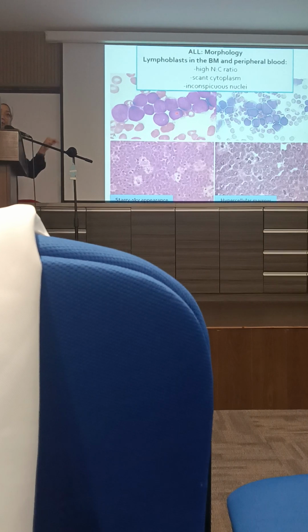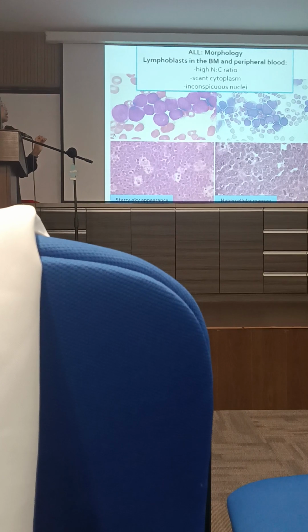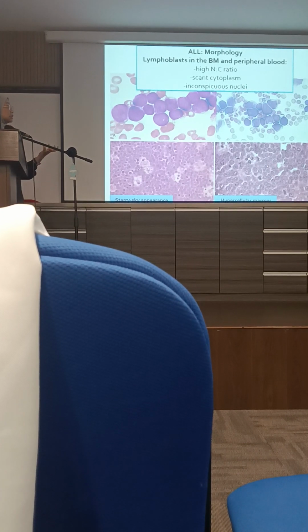When cells are immature, you can see it, but in this type of neoplasm, usually you don't. Inconspicuous means not apparent. So the marrow will be filled with these neoplastic cells. Your marrow will be hypercellular, no fat spaces, and filled with the brain cells.